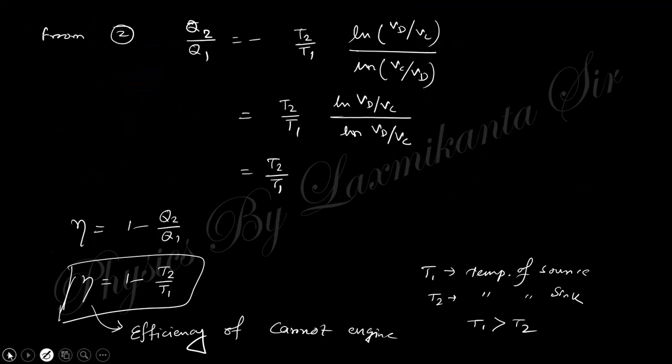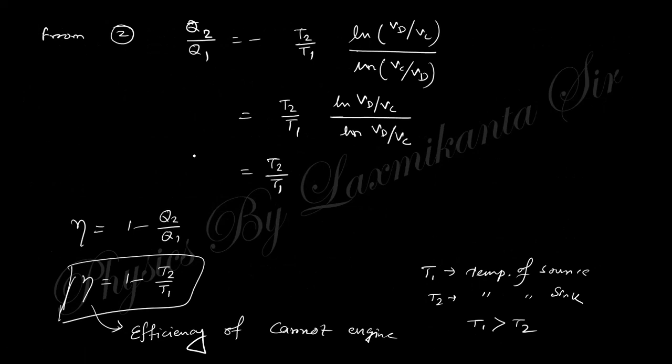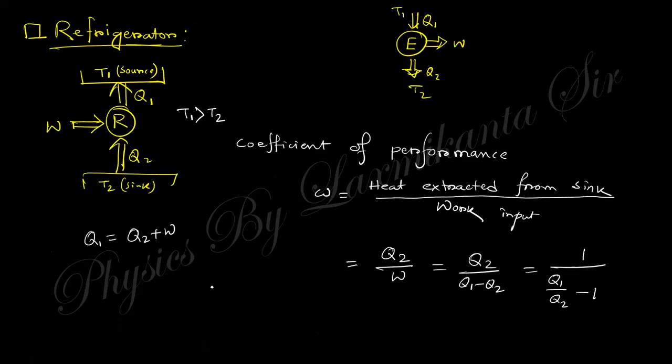And in the same reverse process, you can see the relation Q2 by Q1 equals T2 by T1. Using this relation, this is 1 over (T1 by T2 minus 1). So omega is nothing but T2 by (T1 minus T2).